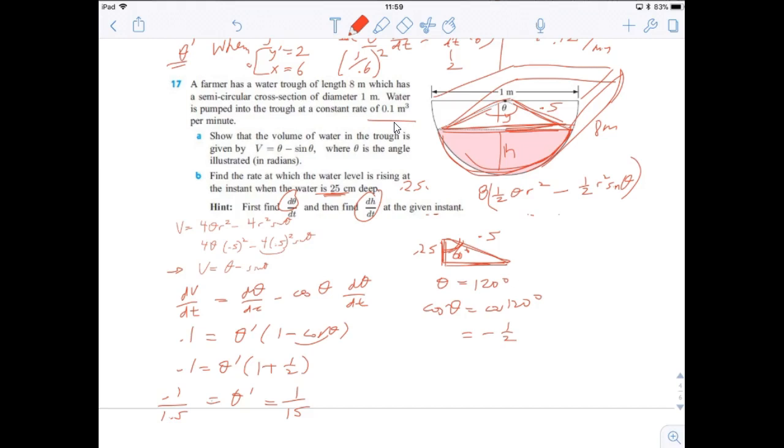Okay, so dh dt, let's see. Let's figure out the relationship between h and y. H and y, as we said, if we add them together, we should get 0.5. And then we also know the relationship between y and theta, because we know that the cosine of half of theta is equal to y divided by 0.5.